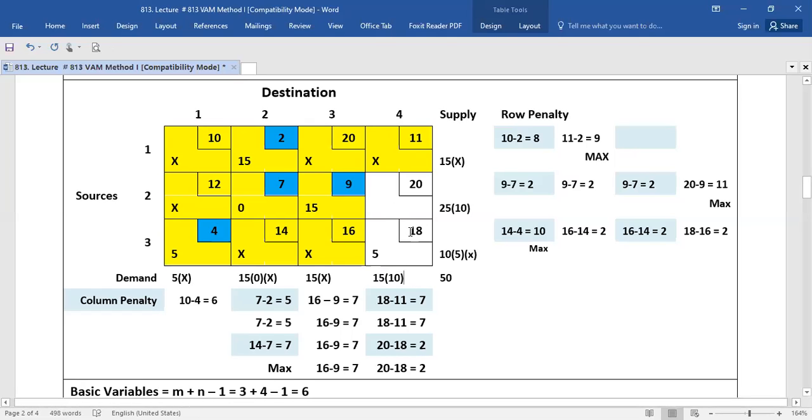And then you will move to the next cell. This is the next cell with cost 20. Here the supply is 10 and demand is also 10. So you will put 10 in this cell.